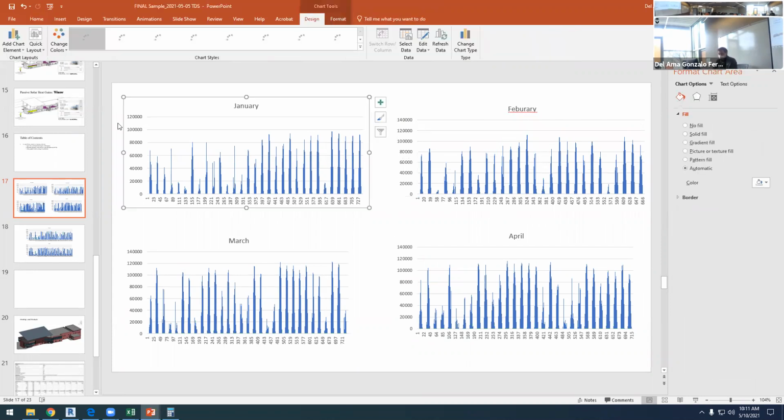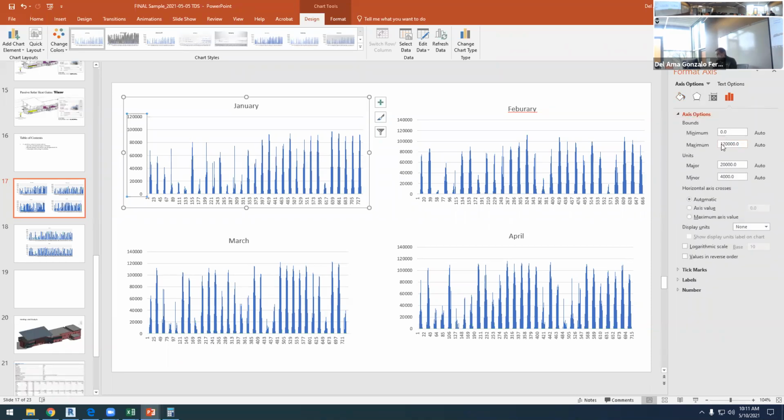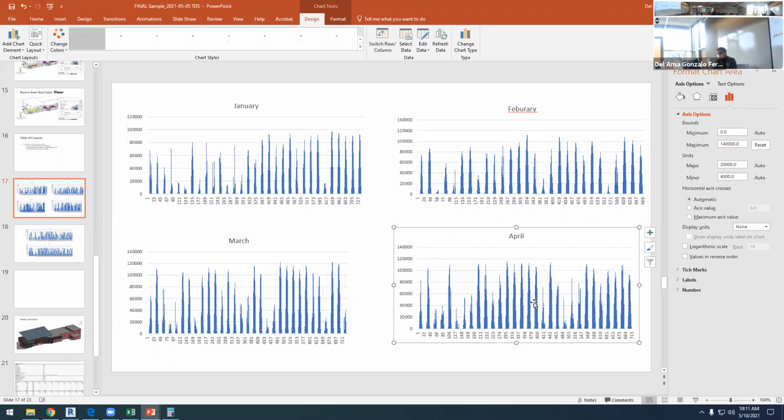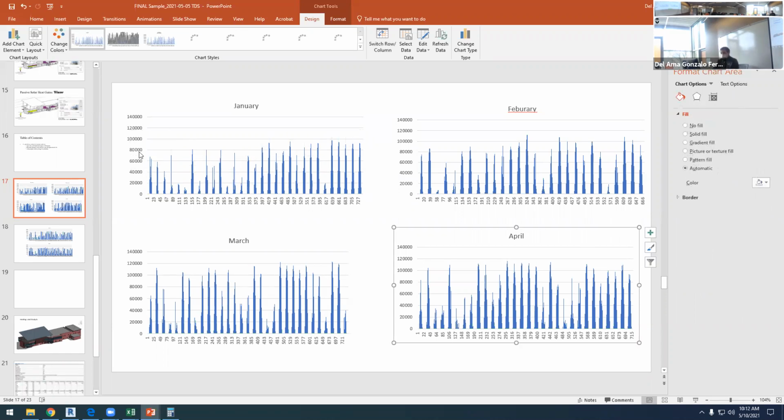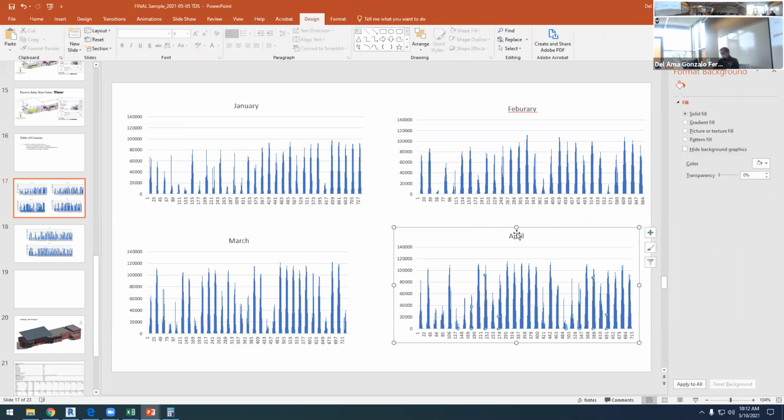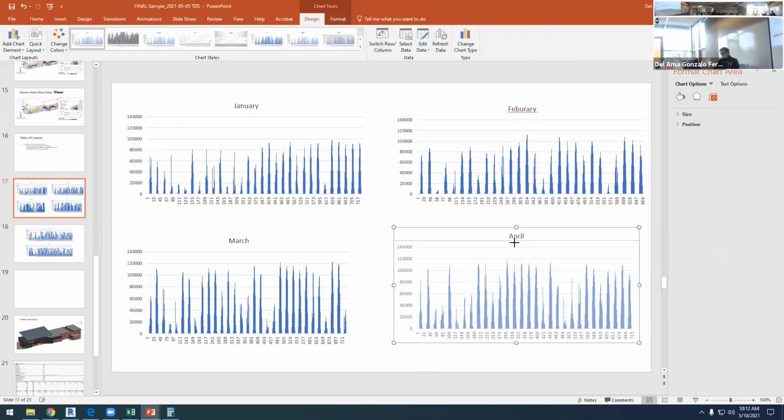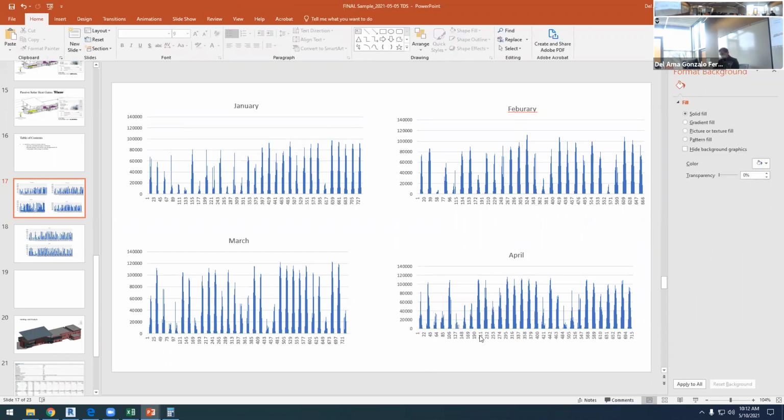Okay, so you don't have to go back to Excel and do it. You can just do it here. Okay, so now we are analyzing this from 0 to 140,000, and now we can see and make sure that all the graphics are the same size.